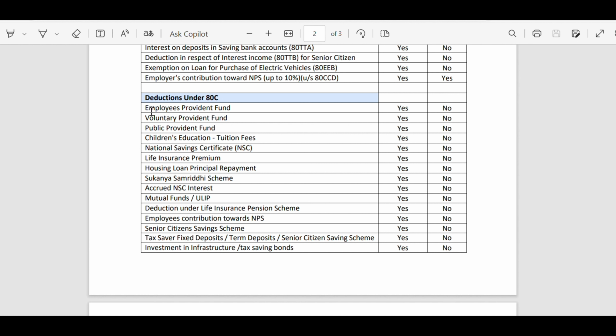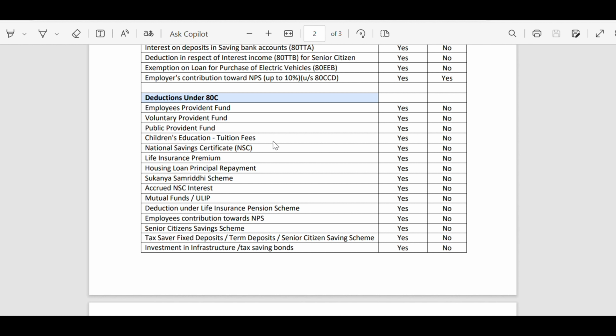Voluntary Provident Fund: if you decide to invest 2,000 or 3,000 rupees per month into the same PF account where your 12% of PF is being given, that also matters for the 80C deductions. Public Provident Fund: you can invest 1.5 lakh rupees per financial year and claim the exemption here under the old tax regime.